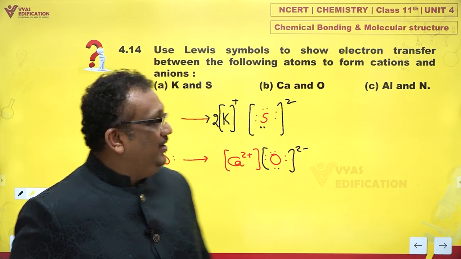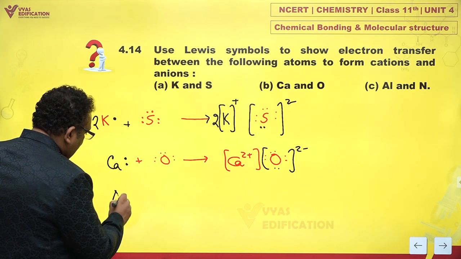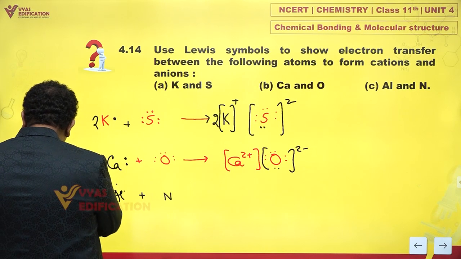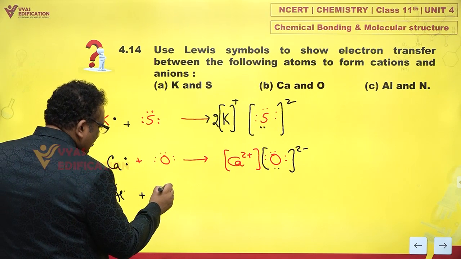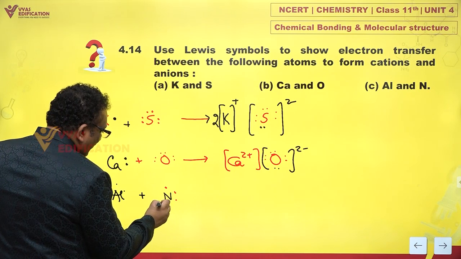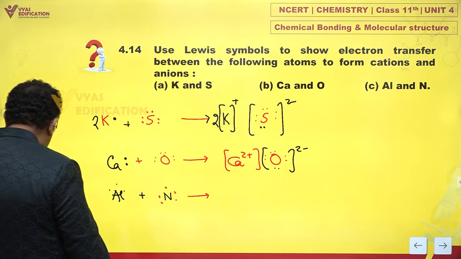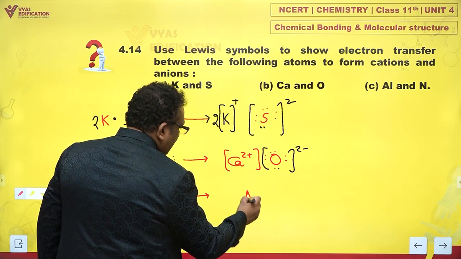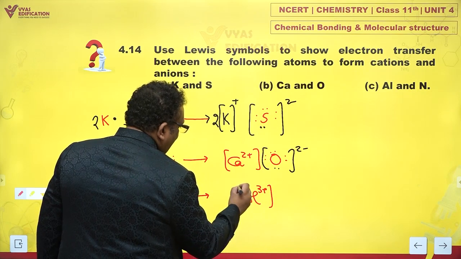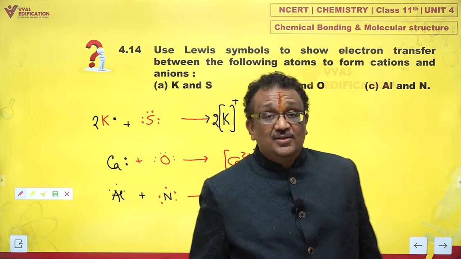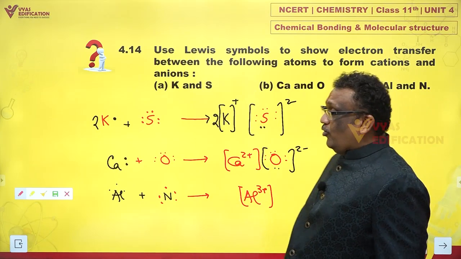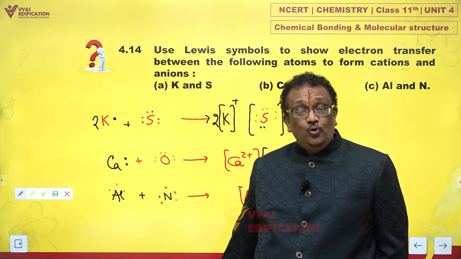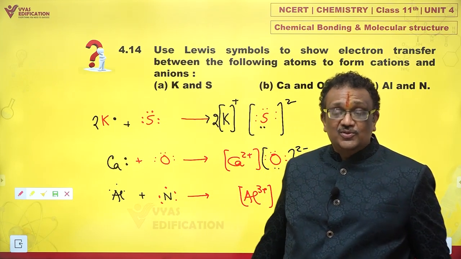What about aluminium and nitrogen? Aluminium has 3 valence electrons, and nitrogen, the stupid one, has 1, 2, 3, 4, 5. I just don't like nitrogen much. I have nothing against it, it's just a personal choice, like you like the color red. Now, aluminium will lose all 3 electrons, and please remember, losing 1 electron is easier than losing 2, and losing 2 is easier than losing all 3, which is much more painful.